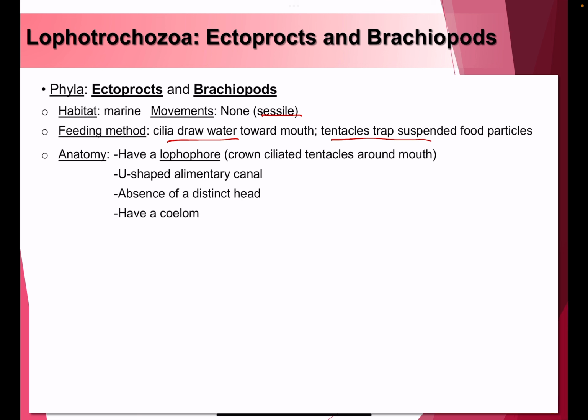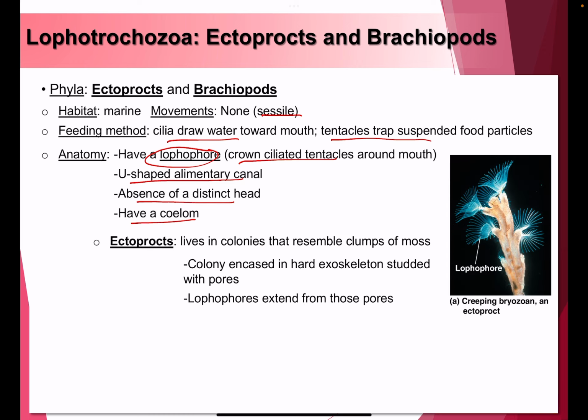So anatomy of ectoprocs and brachiopods is that they usually have a lophophore, which is again that crown of ciliated tentacles around the mouth. They have a U-shaped alimentary canal. They don't really have a distinct head of any sort, and then they have a coelom though. So here is an example of ectoprocs, which usually live in colonies that resemble clumps of moss. So if you were to look at them on the ocean floor, they look like a carpet of moss is what we see. And their colony is encased in hard exoskeleton.